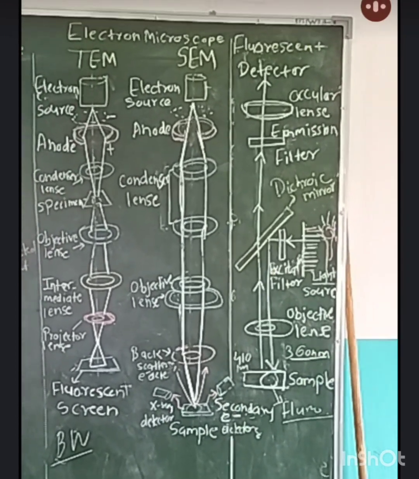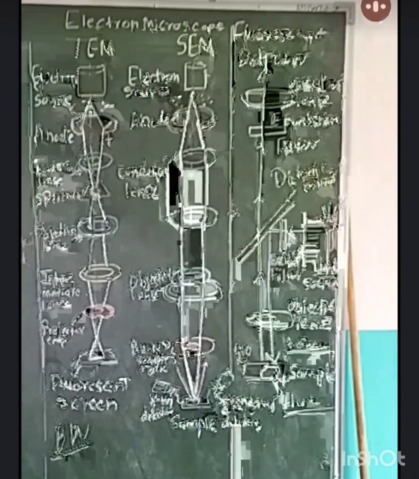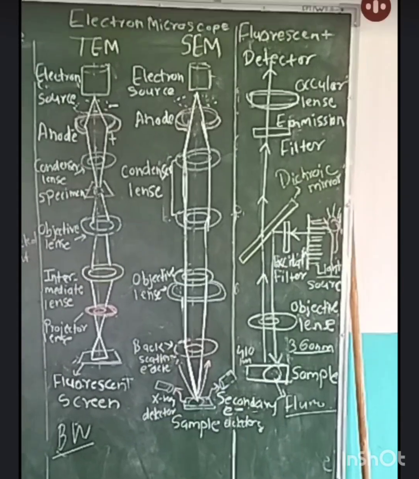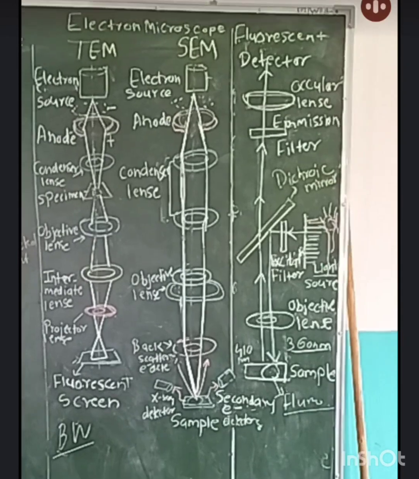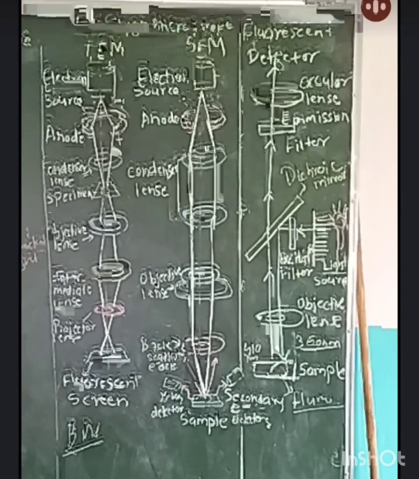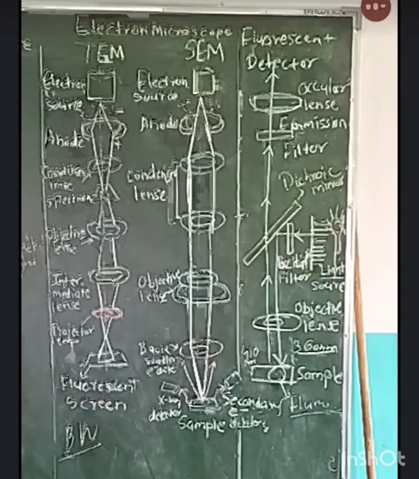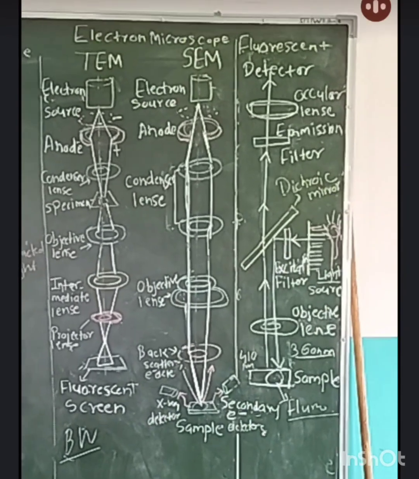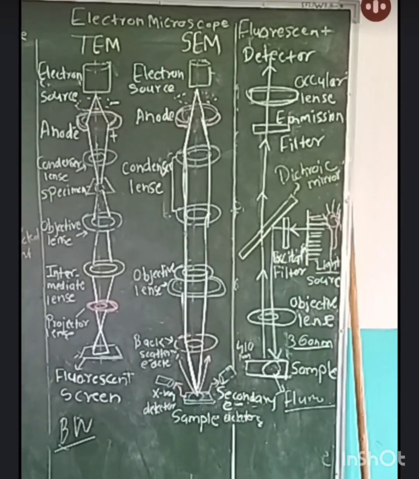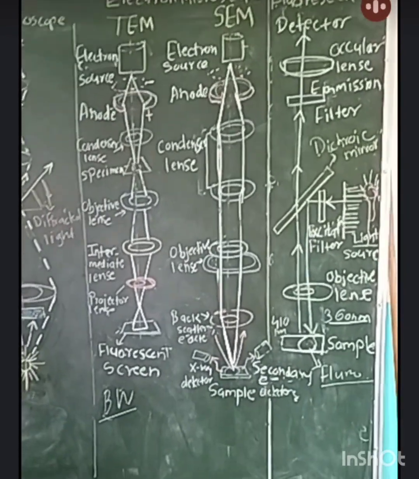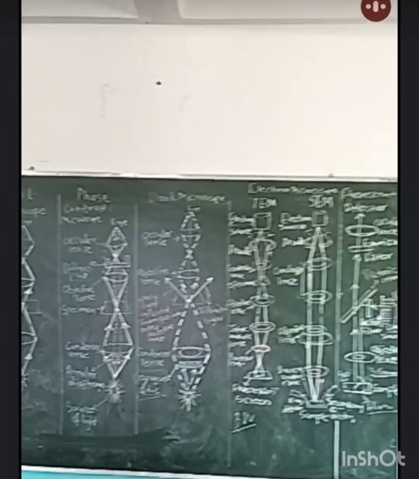The dichroic mirror has two functions. First, it allows the passing of the excitation light onto the specimen, and after excitation the emitted light is captured and passed again through the dichroic mirror. So these are all the different types of microscopes.